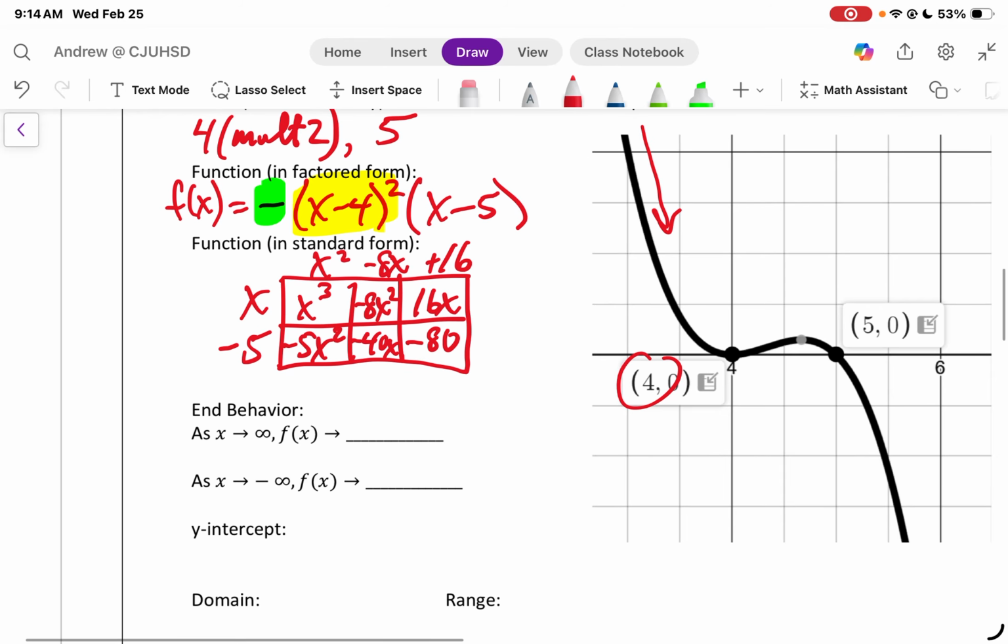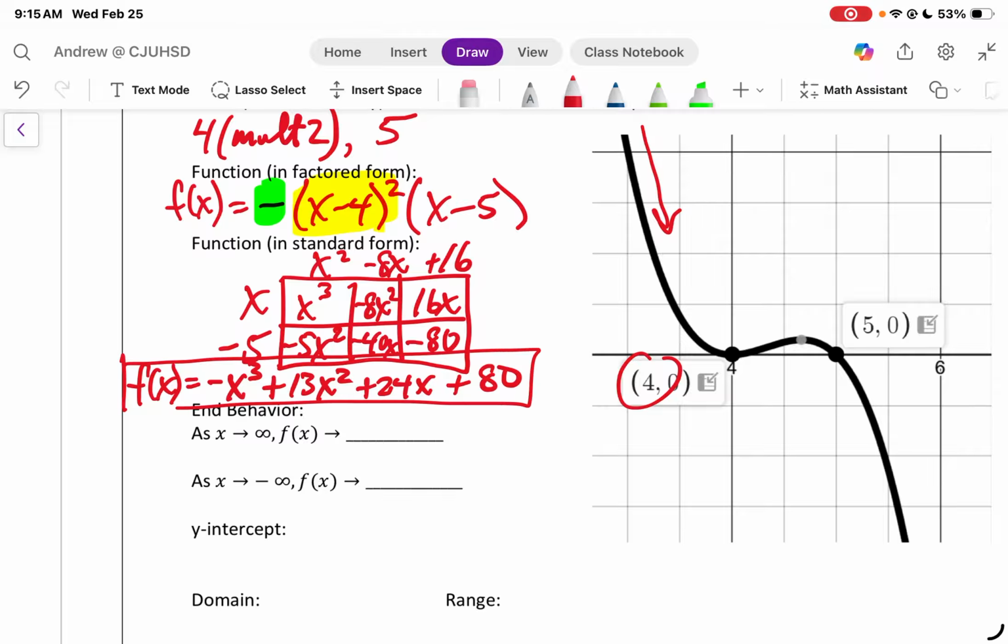Okay, now remembering that I have to put a negative onto all these things, it's negative x cubed. We normally would have gotten negative 13x squared, but I'm going to put that as positive 13x squared. Let's see, this is negative 24, so I'm going to put positive 24x and positive 80.